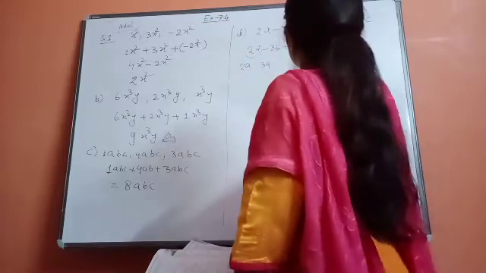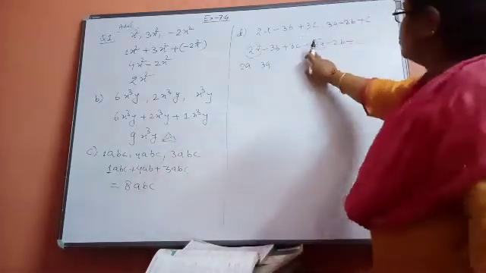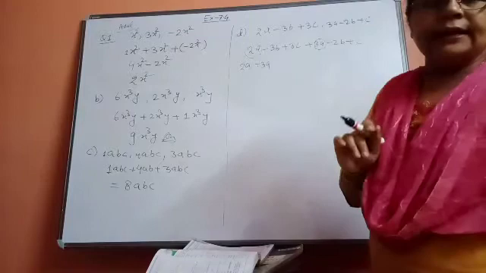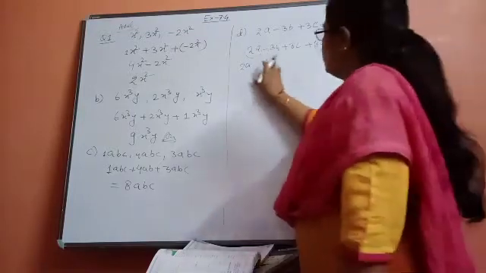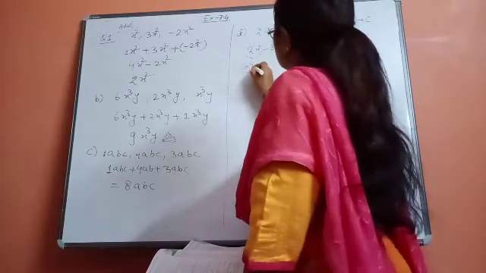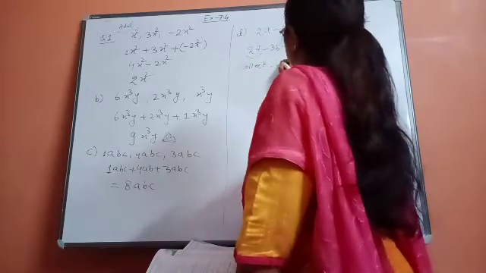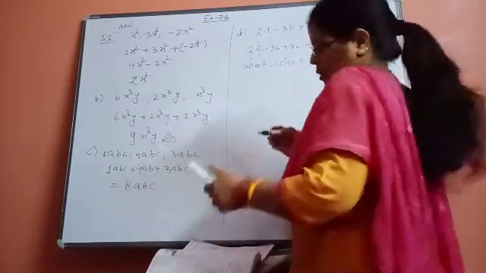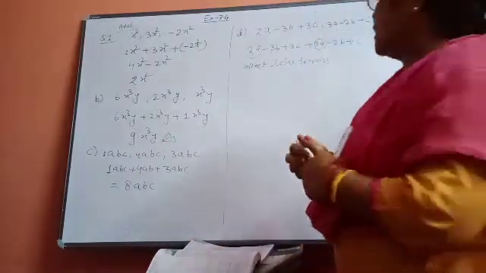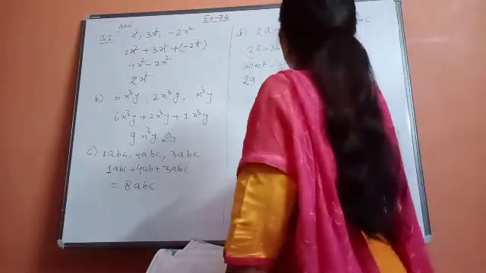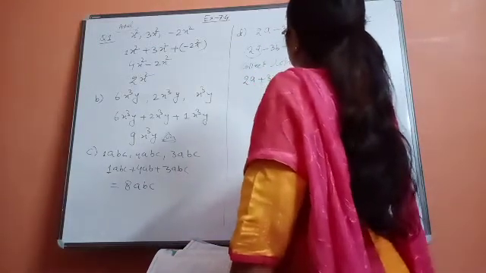Okay, what sign is 3a having? Plus. So write whatever sign they have, plus 3a. So you can collect the like terms. What I am doing? First of all, I am writing the step here. Step 1, collect like terms. So see that now 2a plus 3a, write them together.